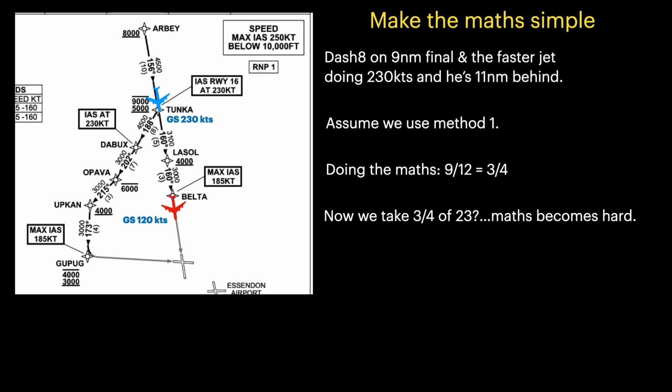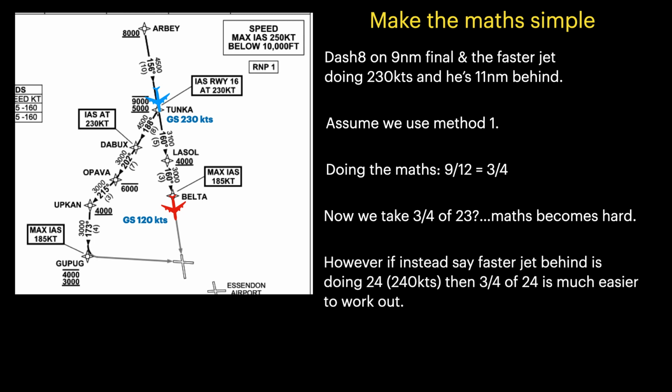So instead of making the maths difficult, instead of saying he's doing 230, say he's doing 240 knots, or 24. Getting 3/4 of 24 is much easier than working out 3/4 of 23. And by making your speed a little bit quicker, you're also adding in more of a buffer. For those of you who aren't mathematically inclined, working out 3/4 of a figure is easy.